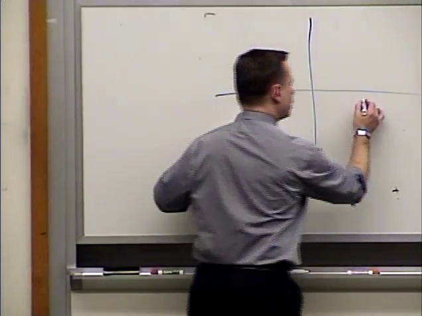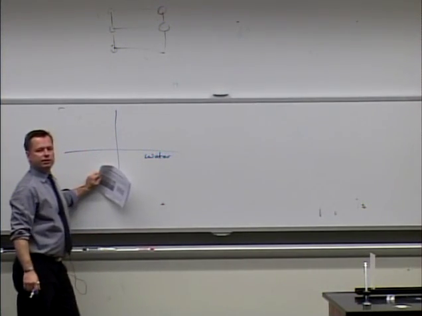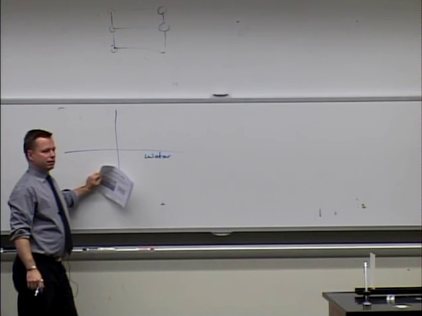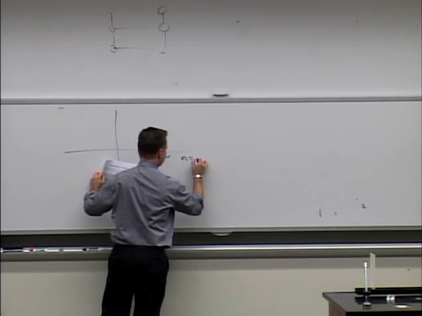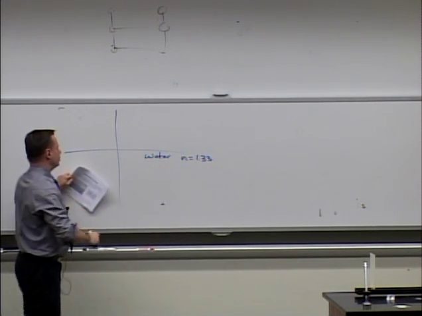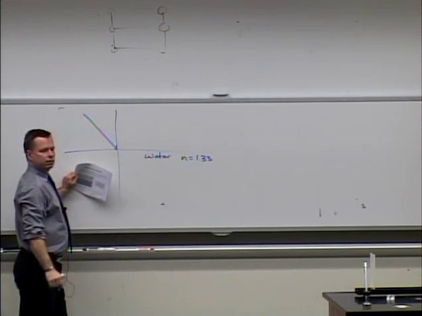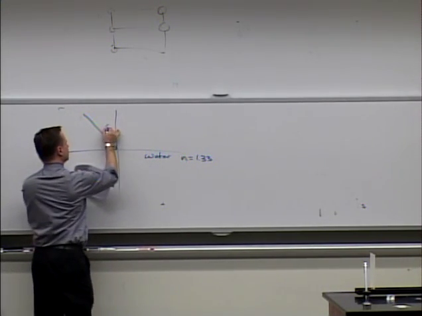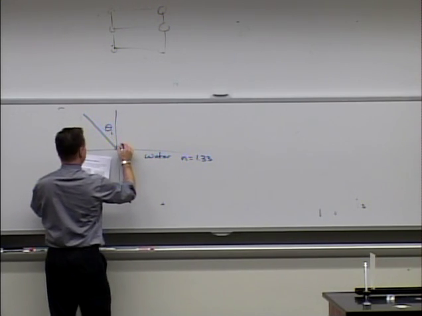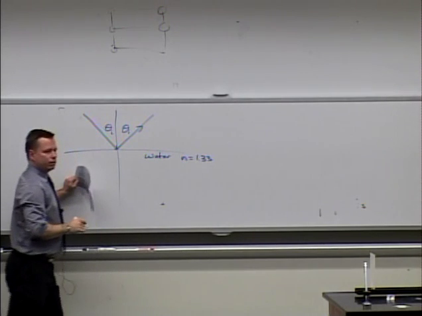So here we've got water. The index of refraction for air is 1. For water, it's 1.33. So a light beam hits the surface of water. Part of it's reflected, so this is theta incident, and they're equal.